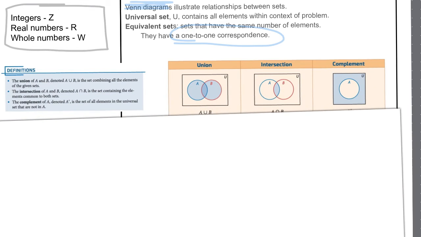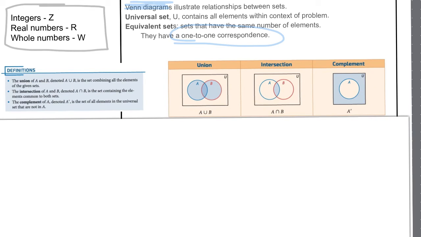All right, so let's move on down a little bit and let's look at this. We have some definitions here that you've probably already talked about. That's why I left them in a little bitty box here. But union means together. If we are going to do the union of A and B, it means all the elements in both sets. So as you can see right here, the union of A and B is coloring in both set A and set B. The intersection of set A and B is what overlaps.